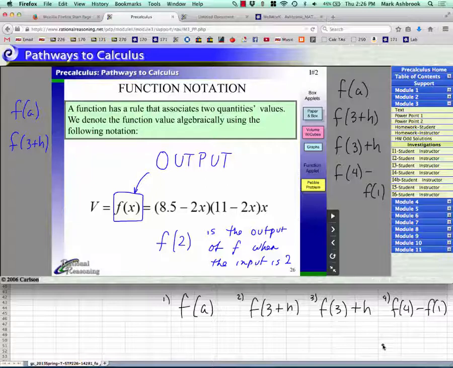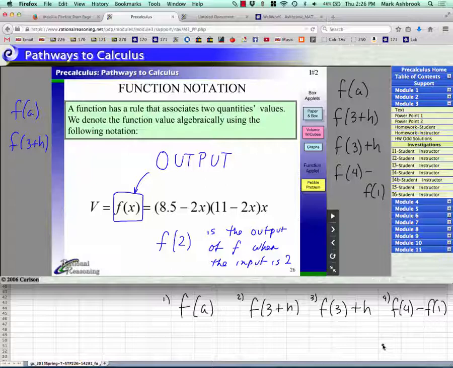So talk about the box. It's the change in volume when what? The side lengths change from 4 to 1? 1 to 4. So is this the starting or final value of x? That's the starting value of x, and that's the final value of x. Someone had their hand up.